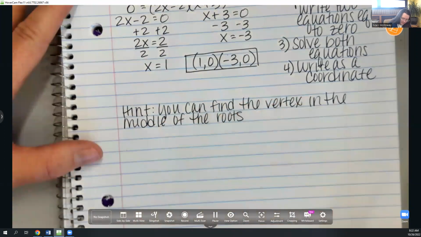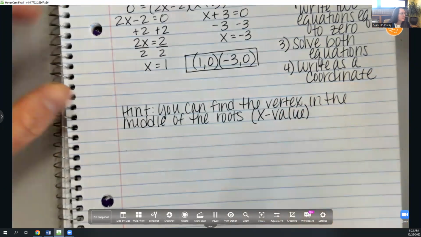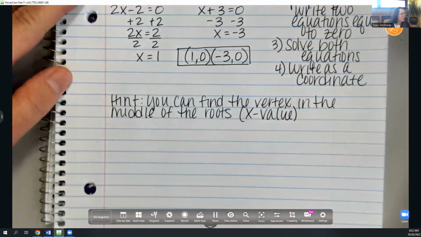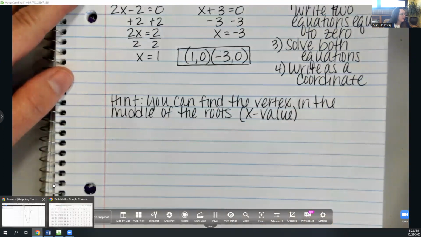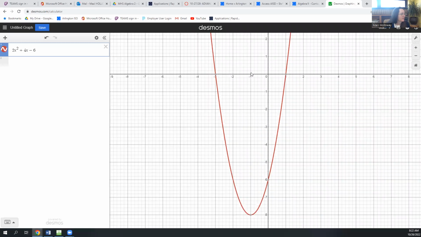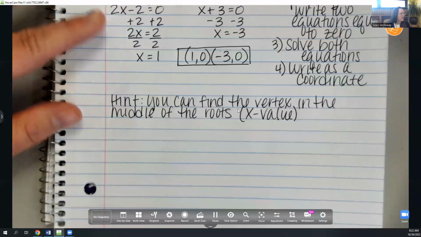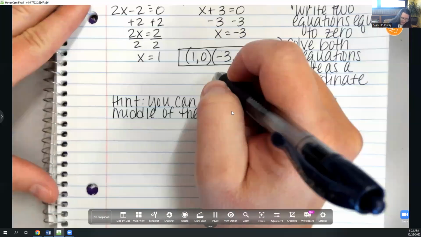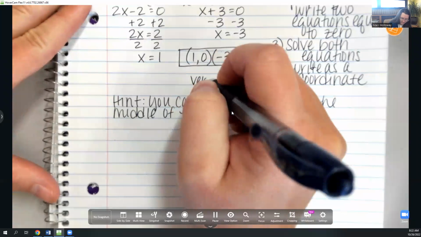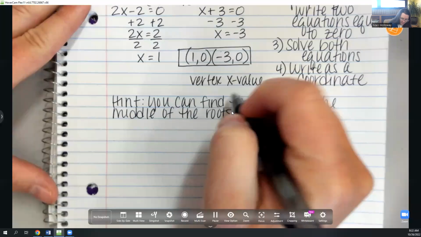So the x value of the vertex, if we look at between 1 and negative 3, the middle of 1 and negative 3, is negative 1, right? Oh, look, if I follow negative 1 down all the way, that is my vertex, negative 1, negative 8. So I could take the middle of 1 and negative 3, that would be vertex x value is negative 1.